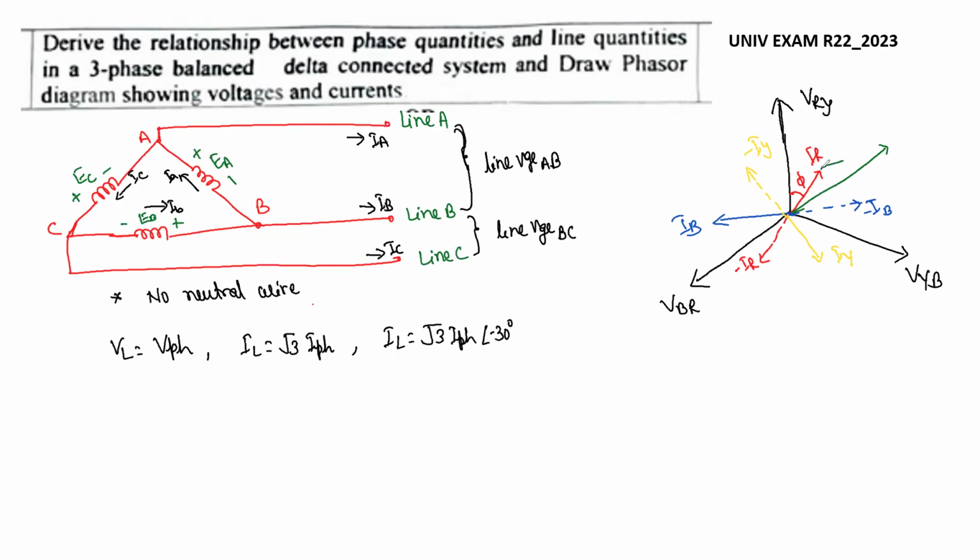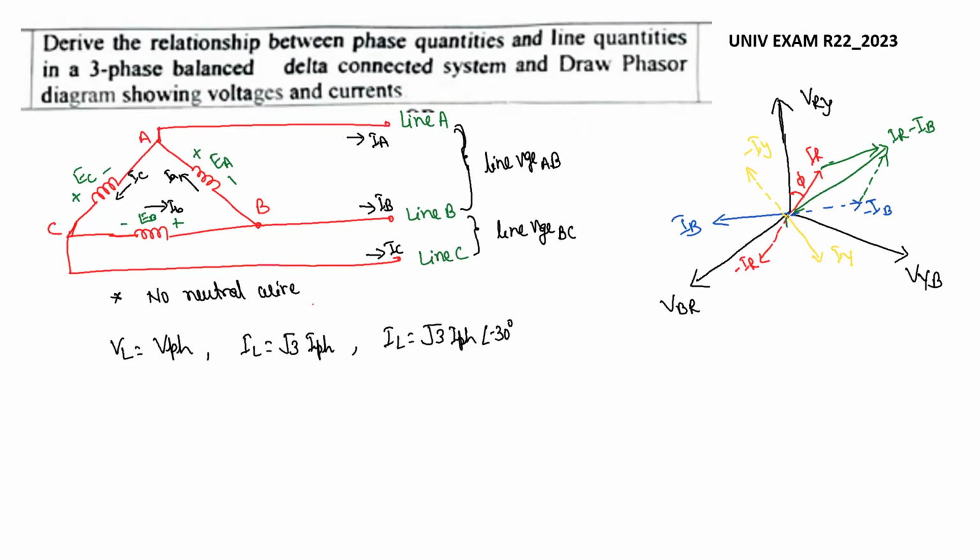The diagram will look like this. Finally this will represent IR minus IB. IB is projected parallelly here.